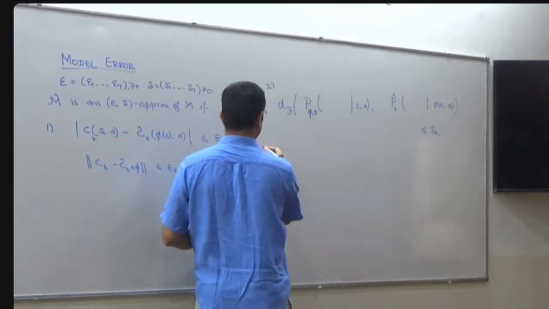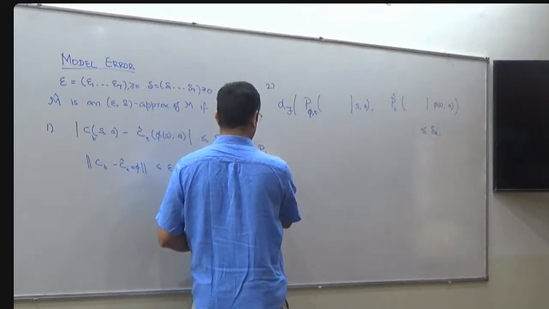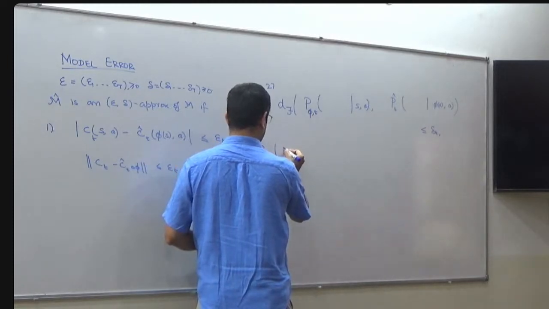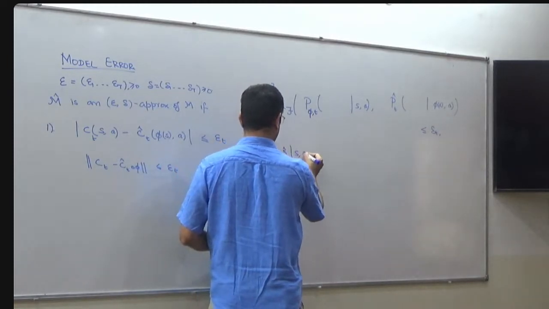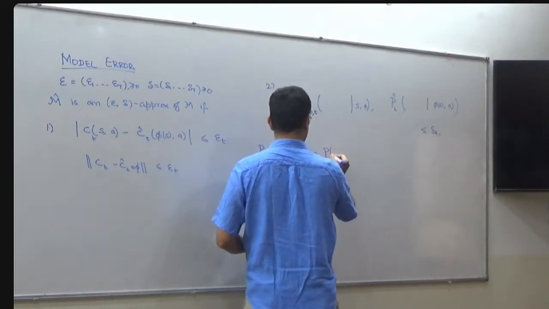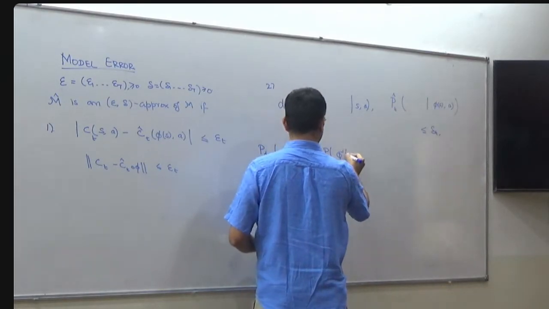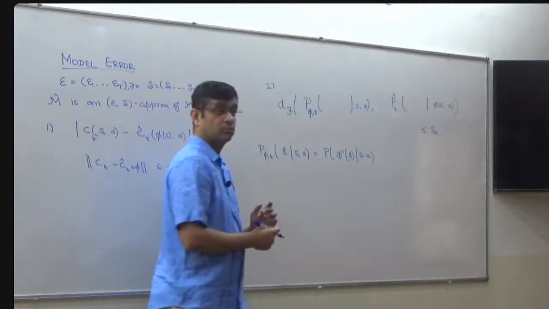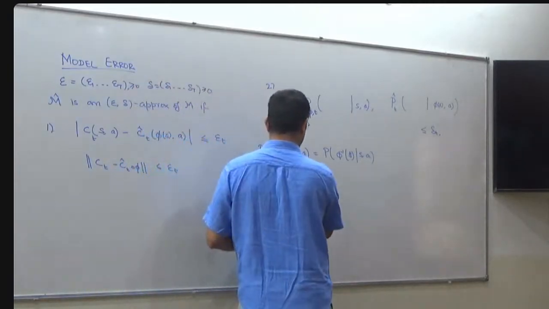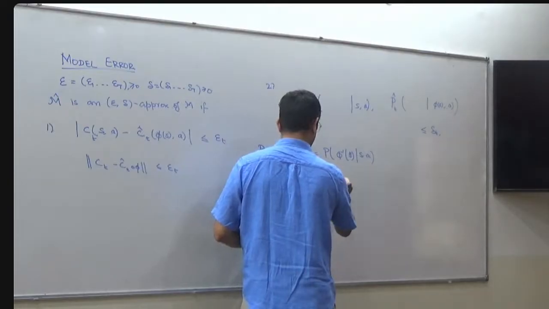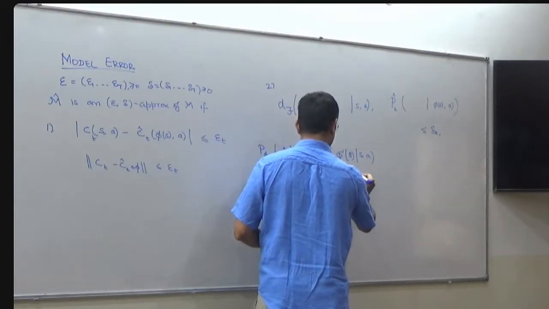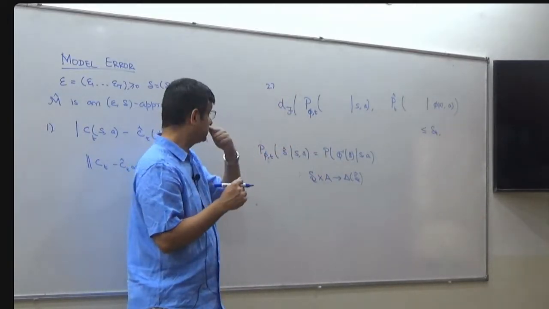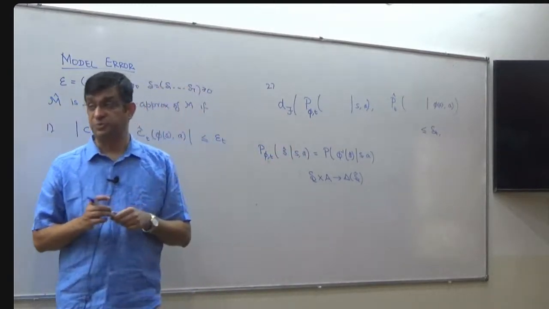What I mean is that P phi t of any point S hat conditioned on S and A is the probability of phi inverse of S hat conditioned on S and A. So this is a measure from S cross A to delta S hat, and the comparison that I am doing of the probabilities is in the S hat space.